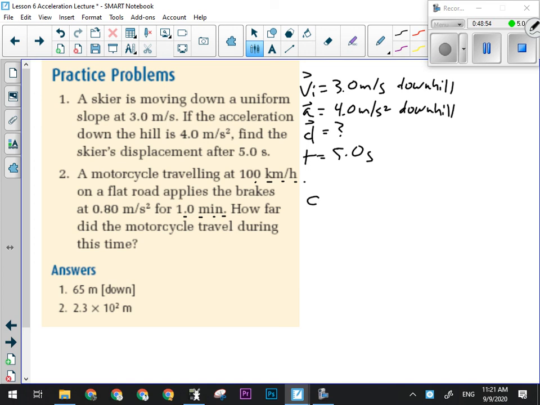All right, so again, I don't need to manipulate here. I just need to plug in numbers because the formula is already set up to calculate d. Okay, so we'll have 3 times 5, so VI times t, plus 1/2 times 4 times 5 squared. Okay, and so when we do that, we should get 65 meters downhill.